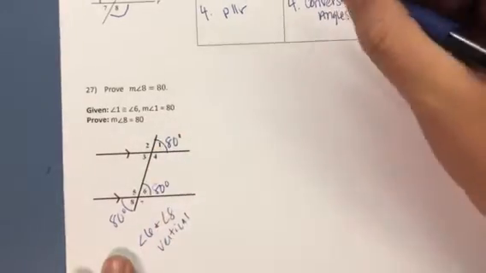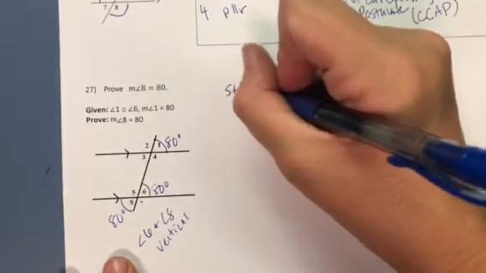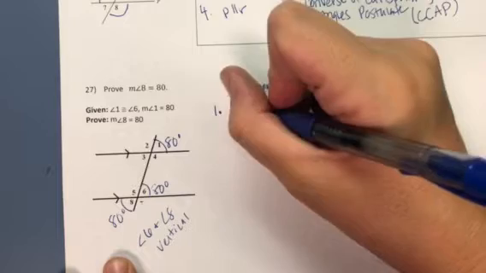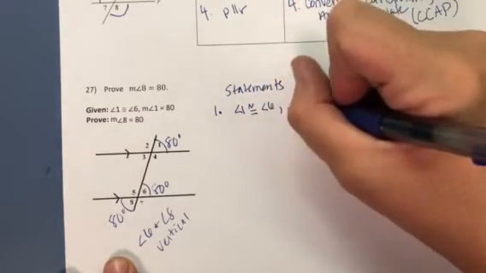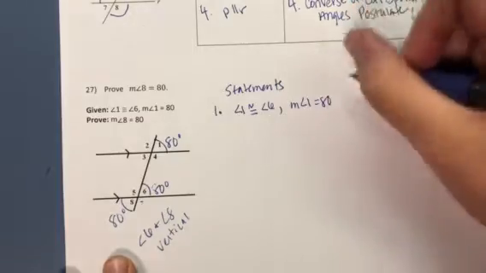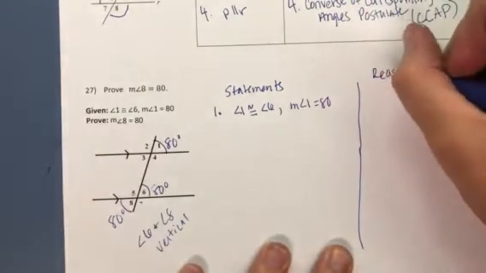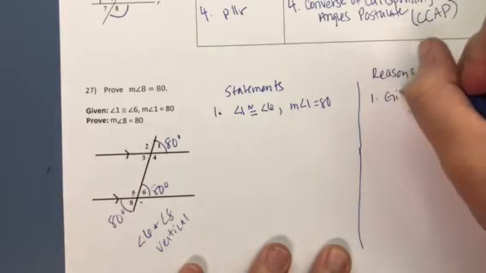All right, so let's think about how we could set this up. For our statements, we know we got to start with our given. This should never be blank because I can always copy down something that is written as a given. All right, the reasoning or reasons or justifications is that is given.